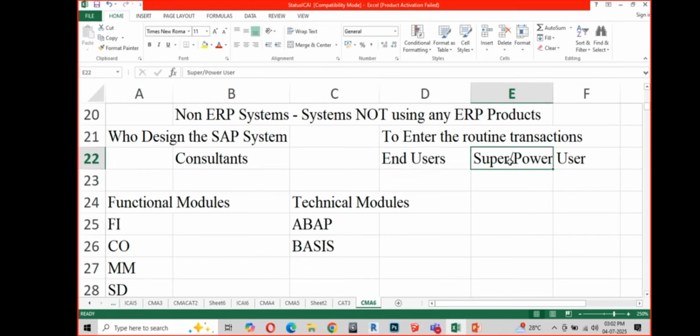I can perform more functions than a simple end user, and I can access various management reports. These are all common terms which you will definitely come across during your SAP career.